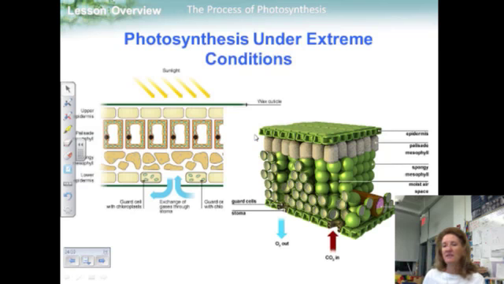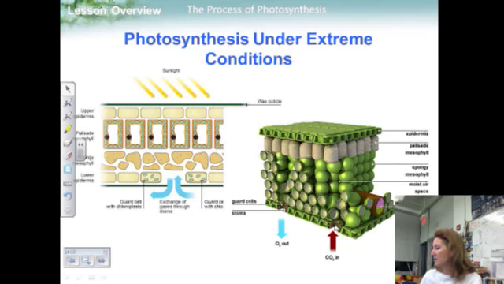All right, so photosynthesis under extreme conditions. Sometimes there are very dry environments. In order to conserve water, most plants under bright, hot conditions close the small openings in their leaves that normally bring in carbon dioxide. Right here, they're called guard cells, and they can close and open to let gases exchange.